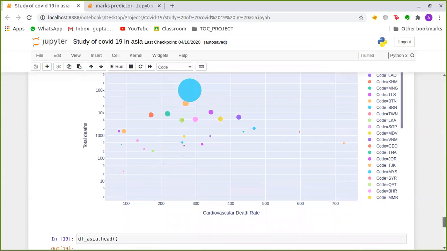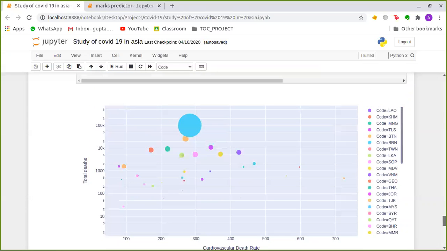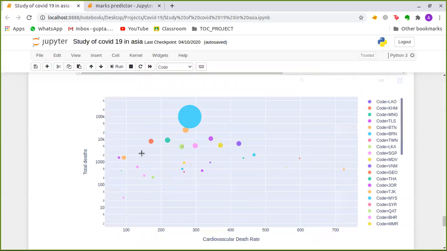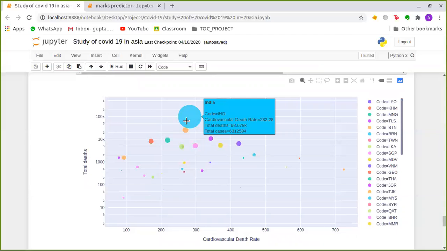Since I initially talked about comorbidities, another analytical graph was also made on that, this time cardiovascular death rate with total deaths. This graph can be used for making specific generalizations but not generalized conclusions.